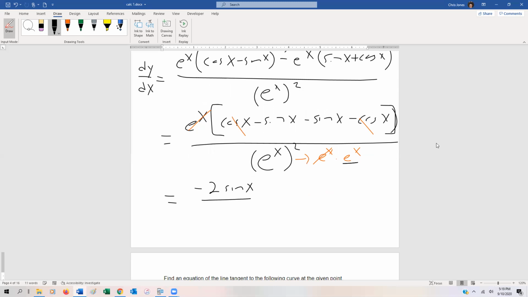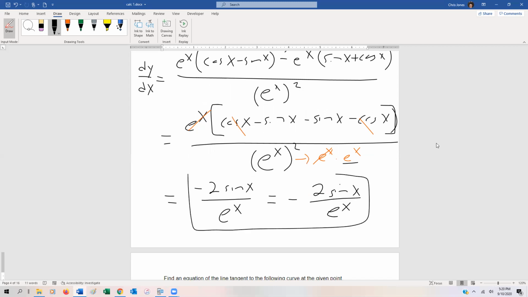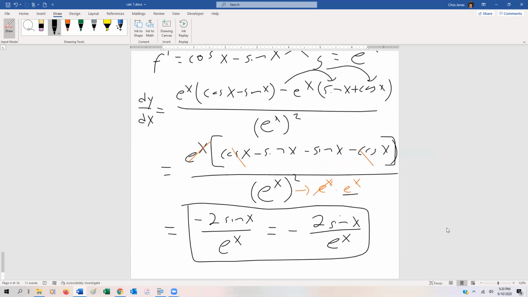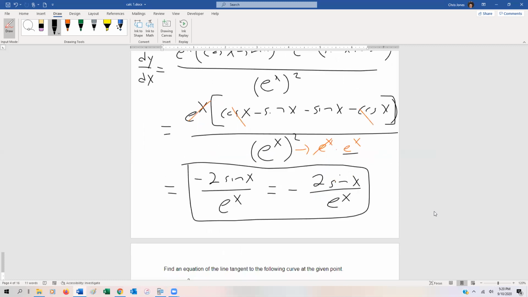In the denominator, now we just have one e to the x. Another way to write this, not that it's any prettier, is minus 2 sine x divided by e to the x. Either of these is pretty simple, and that's what we're looking for whenever we work with the quotient rule: if at all possible, make sure you simplify when you can.